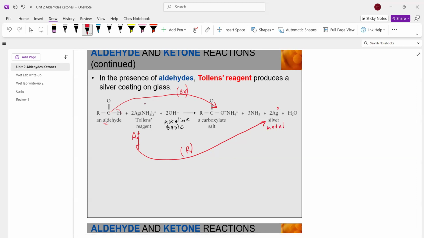So for this reaction, you don't need to know that. You need to know this instead. And that means you don't have to worry about that. That's just a spectator ion. And this happens to be balanced, but you don't have to balance it because in organic chemistry, we don't balance reactions. I don't know why it's balanced here, but anyway. Okay, so that's the Tollens reagent, and you definitely need to know this.